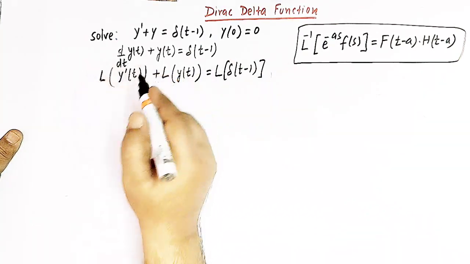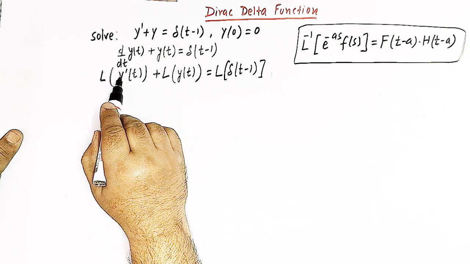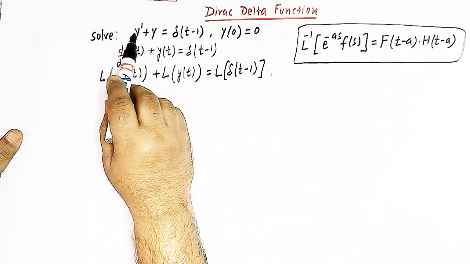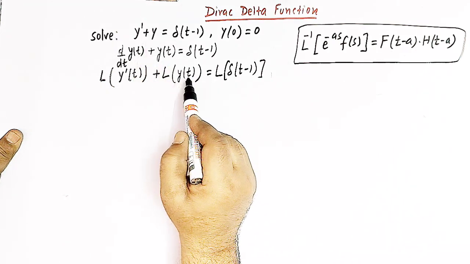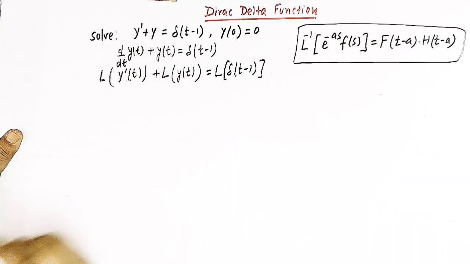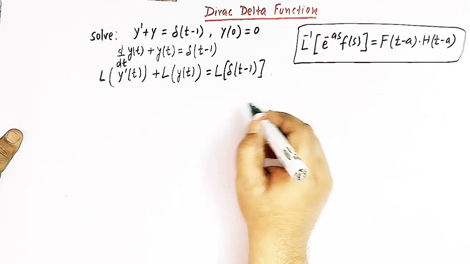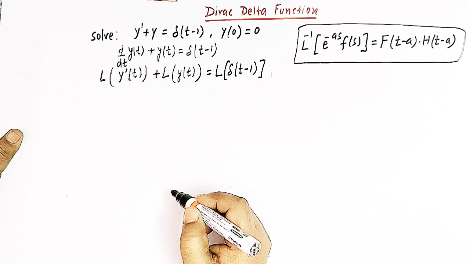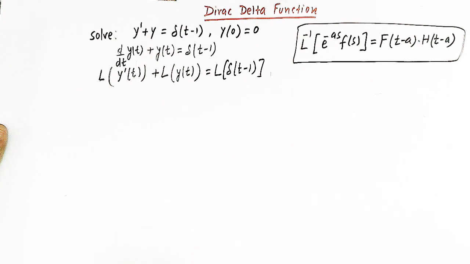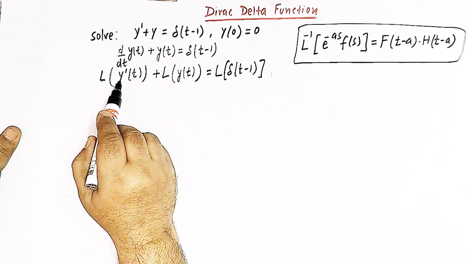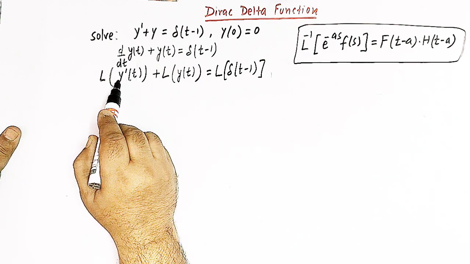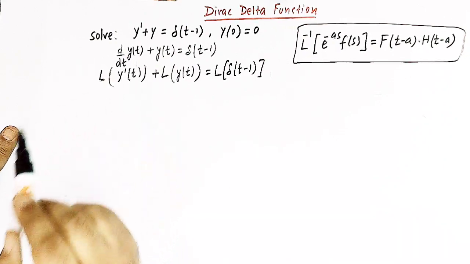Here we are using the notation y prime of t for y prime, and y of t for y. Now let us use another important result, the Laplace transform of derivatives, because here we have the Laplace transform of the derivative of y of t.